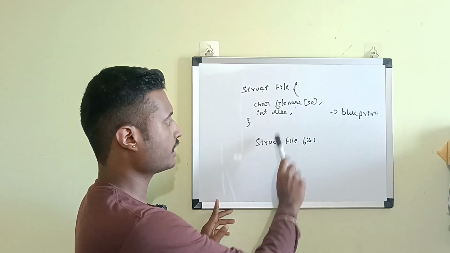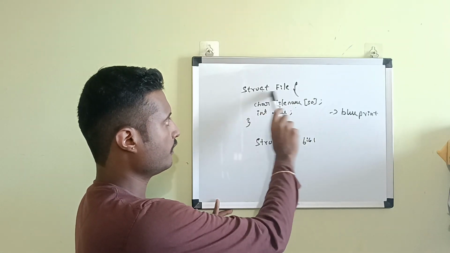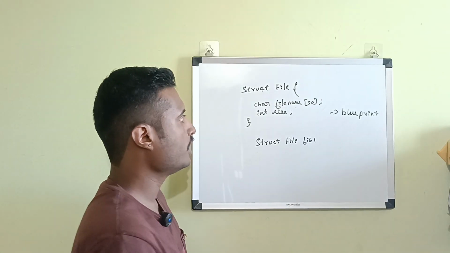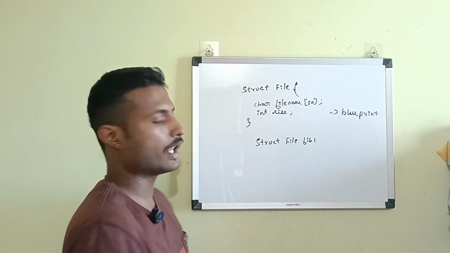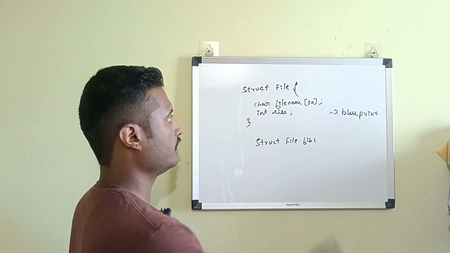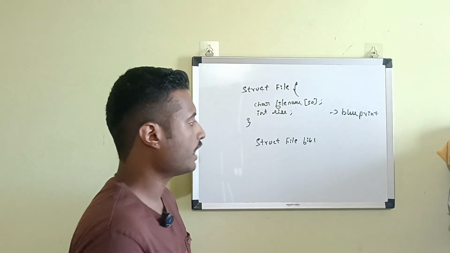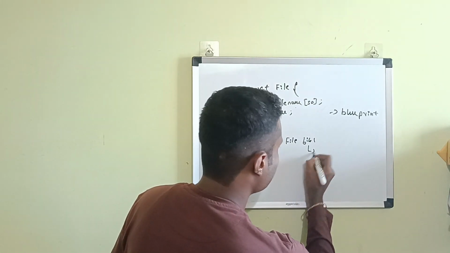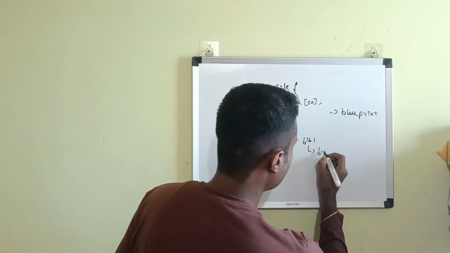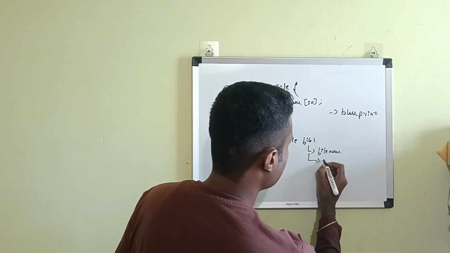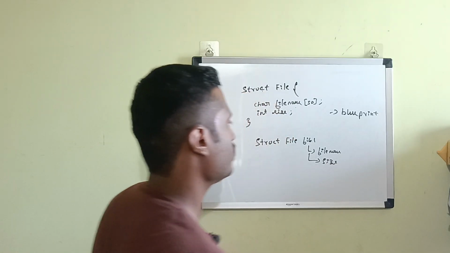It's a part of this. See, this is struct file, and this is file1. So the computer knows, okay, file1 is a file. What it should consist of: it should consist of these two things, and it has its own file name and its own size.